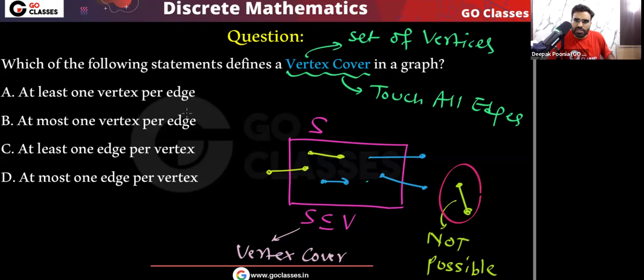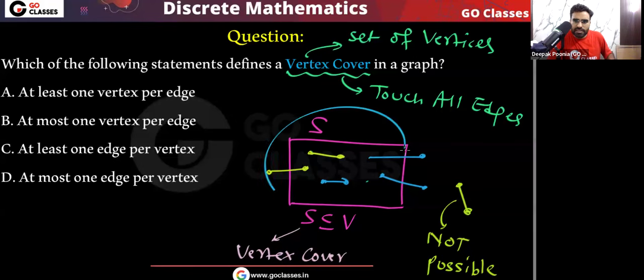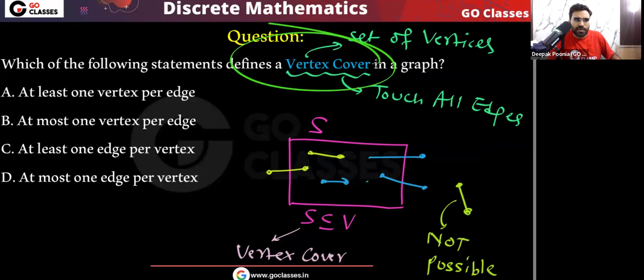If you have an edge whose both endpoints are out of S, then definitely this edge is not covered by S. So S would not be a vertex cover, but we are saying that S is a vertex cover. Very simple. So I hope you understood the definition of vertex cover: it is a subset of vertices such that for every edge at least one of its endpoints will be present in S.